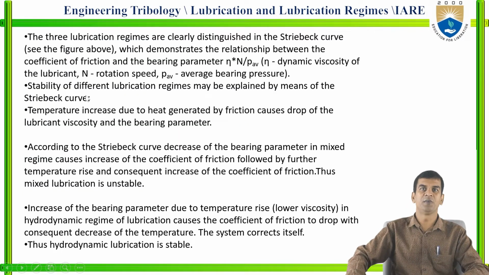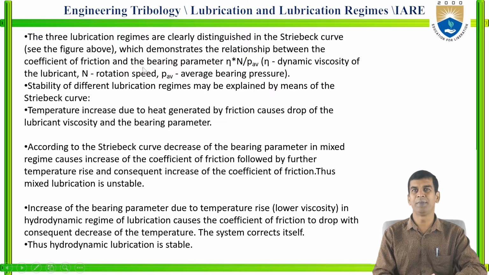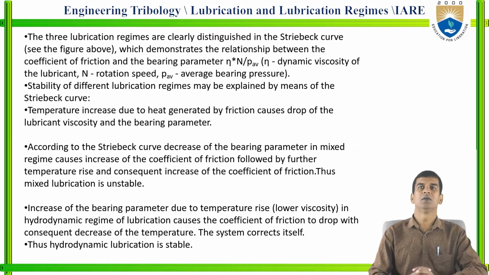Now you can see the same explanation here. The three lubrication regimes are clearly distinguished in the Stribeck curve, which I showed in the previous figure. It demonstrates the relation between the coefficient of friction and the bearing parameter, where the bearing parameter is eta N divided by p average, where eta is the dynamic viscosity of the lubricant, N is the rotation speed, and p average is the average bearing pressure.